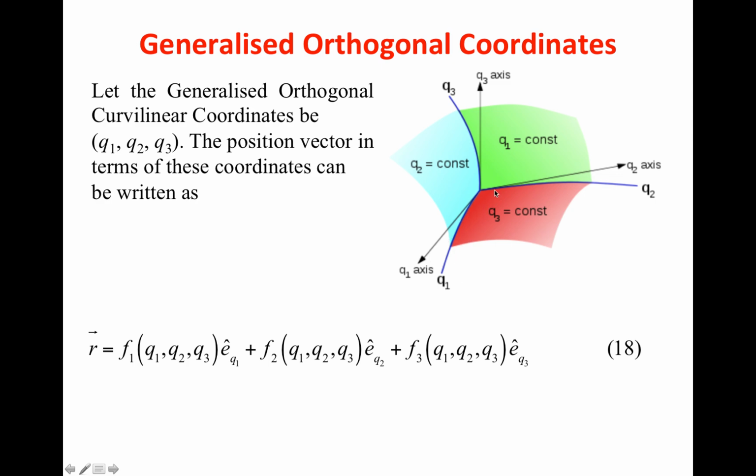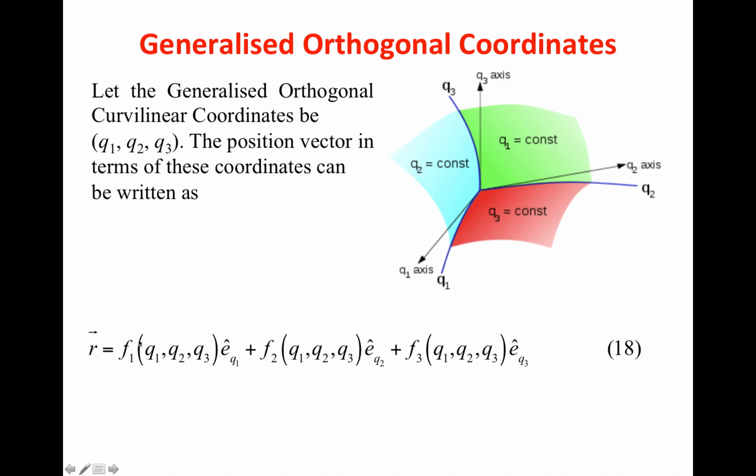And orthogonal, because they satisfy the condition of orthogonality, that if eq1, eq2 and eq3 are the unit vectors along these three directions, then their respective dot products will be 0, and their cross products will move in a cyclic manner, that is eq1 cap cross eq2 cap will give you eq3 cap, and so on and so forth.